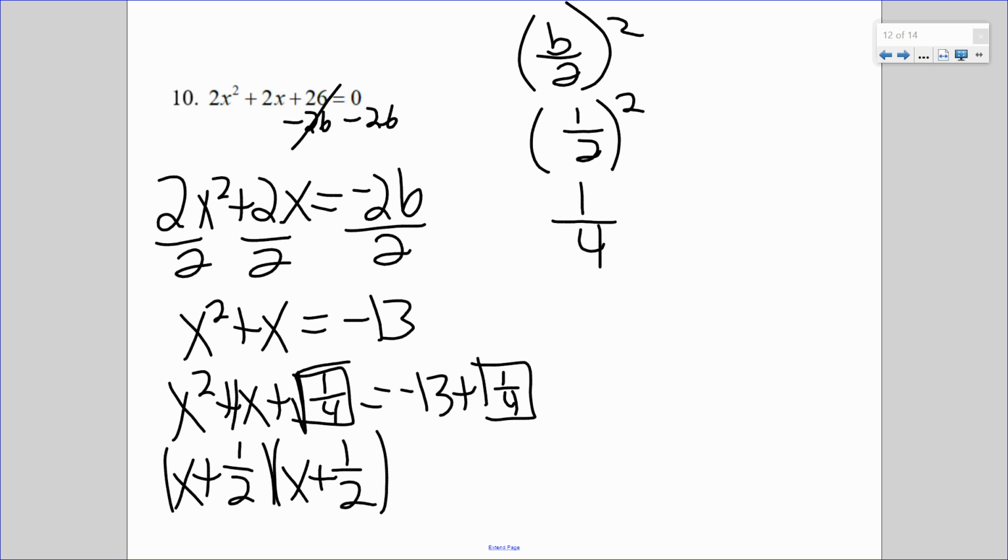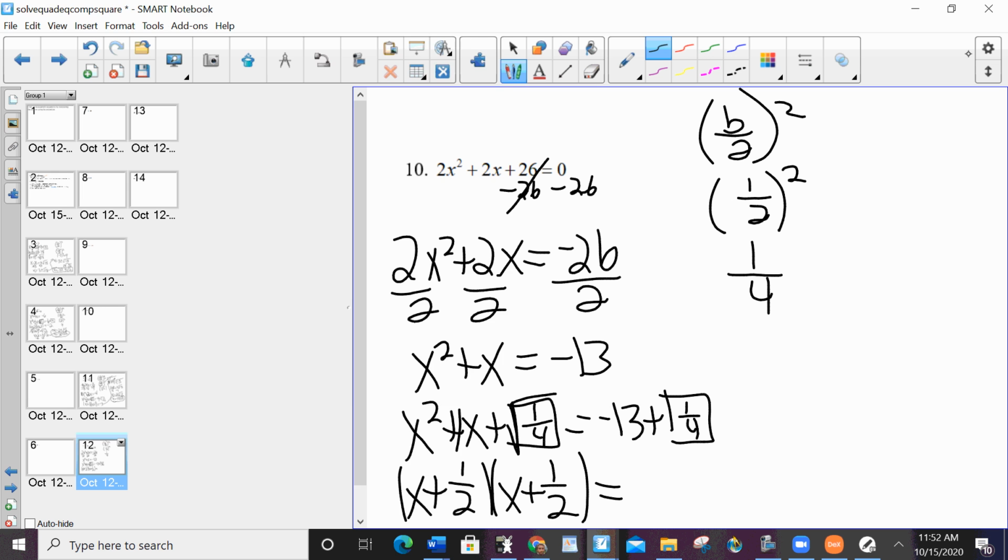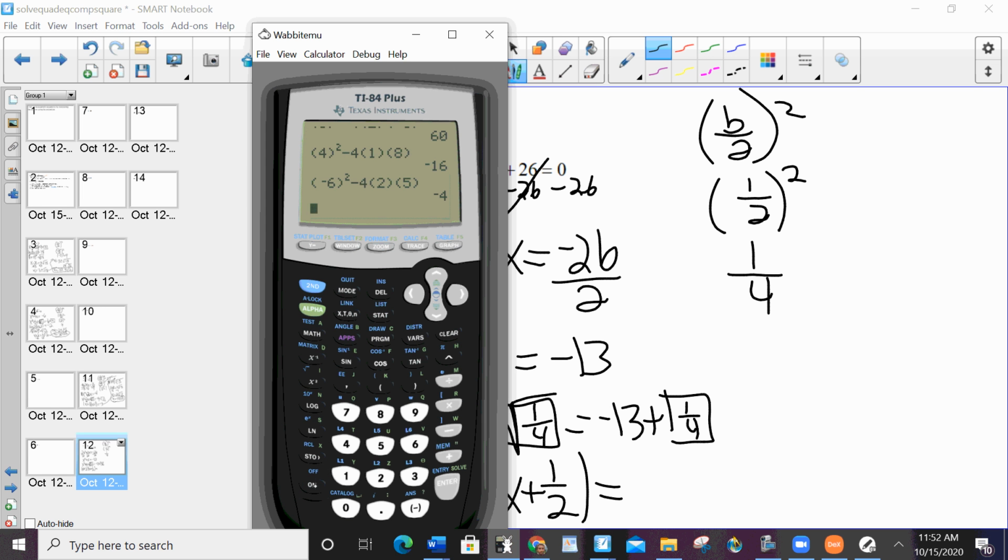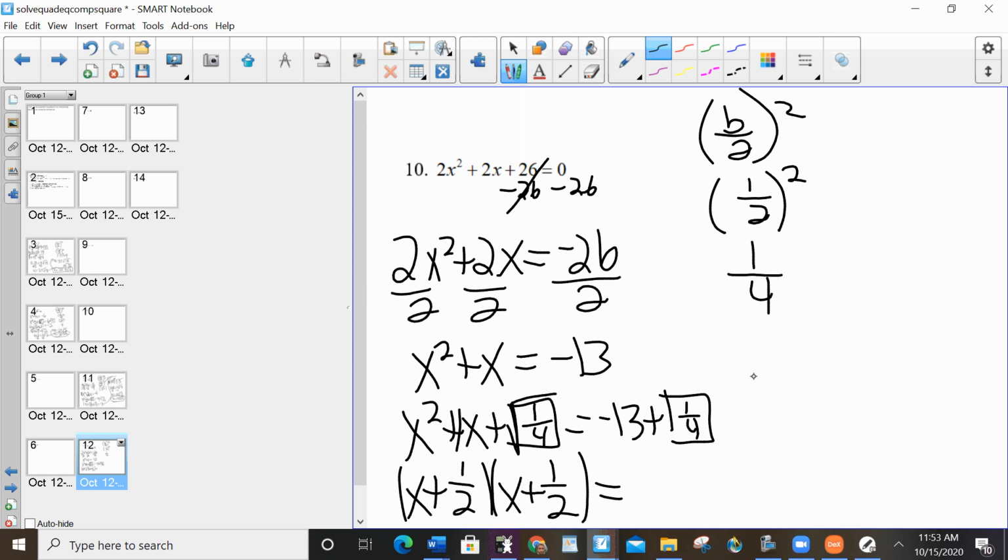Now, my right-hand side, you would need to add those. You'd have to find a common denominator, all that good stuff. However, you could also just type it into the calculator and cheat a little bit. Negative 13 plus 1/4 is negative 51 over 4.